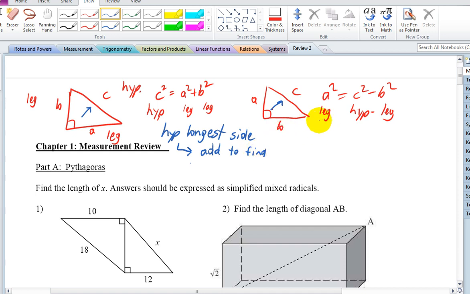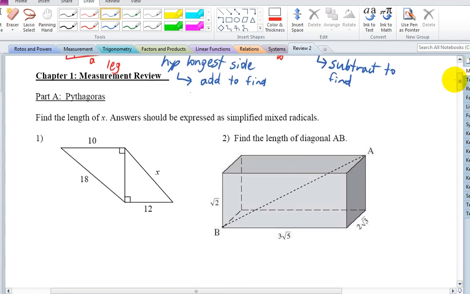Or if you want to find a leg, you would subtract to find the leg. You don't want to make a leg longer than the longest side. The longest side has to be the longest side. It has to be the hypotenuse. Okay, so add to find the longest side, subtract if you already know the longest side.